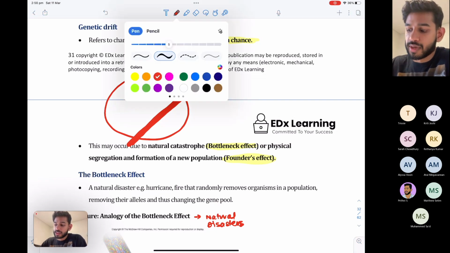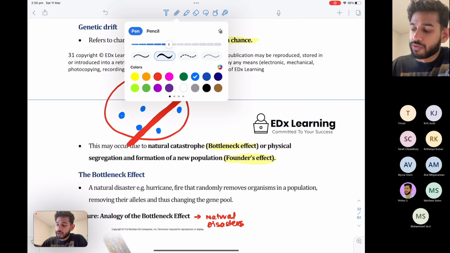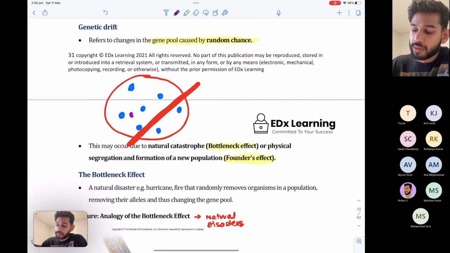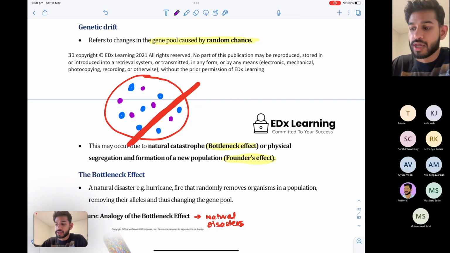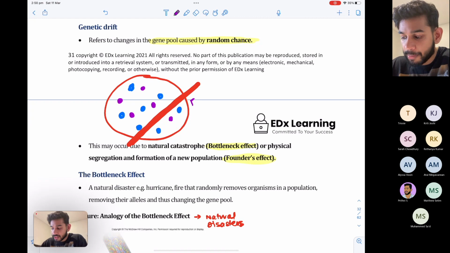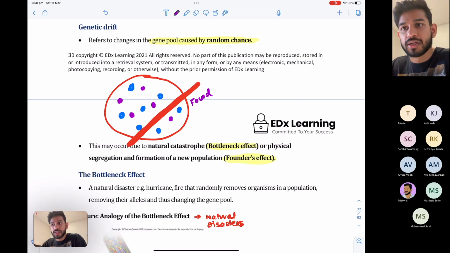Now, let's just imagine, we've got a few blue marbles, we've got a few purple marbles, which represents the other trait. You can clearly understand if you have random separation of the original population, this small subpopulation that now has to found their own group has a completely different allele frequency to the original population.